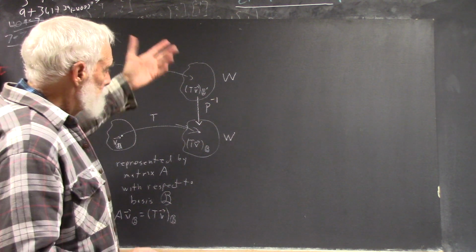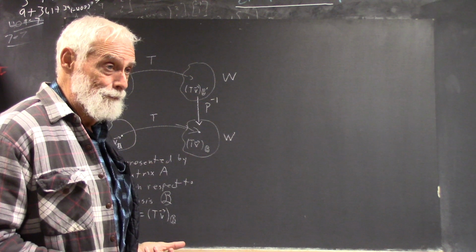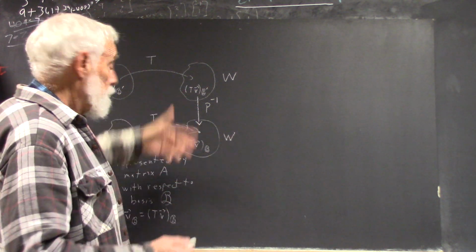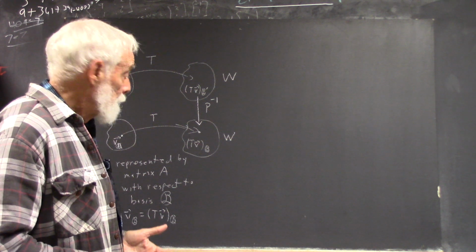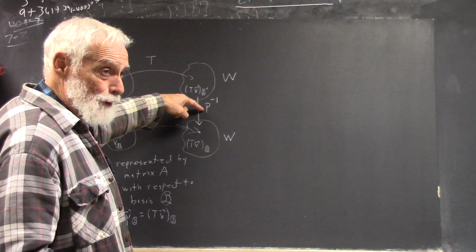Now we know that there's a change of basis matrix. We know how to get the change of basis matrix if we know what the two bases are. So we have the matrix that I called P the other day.